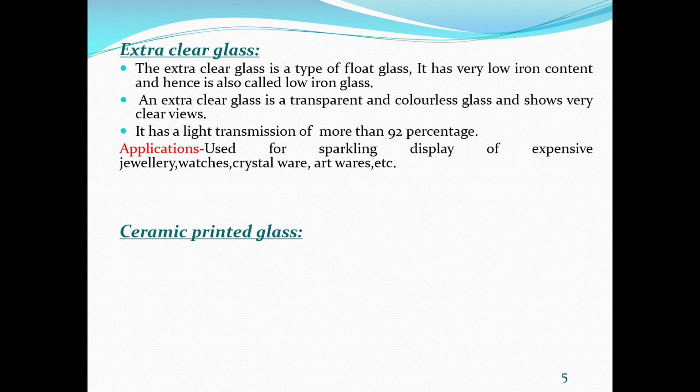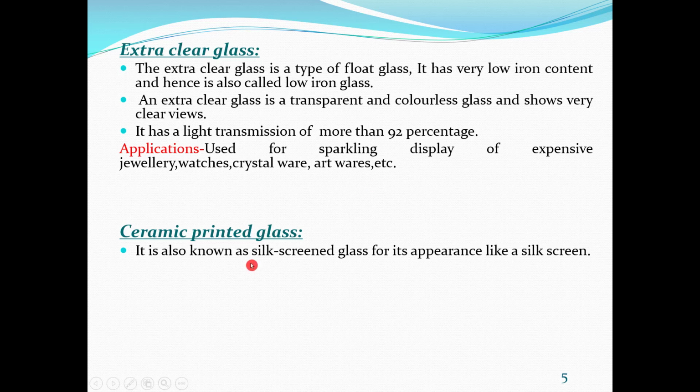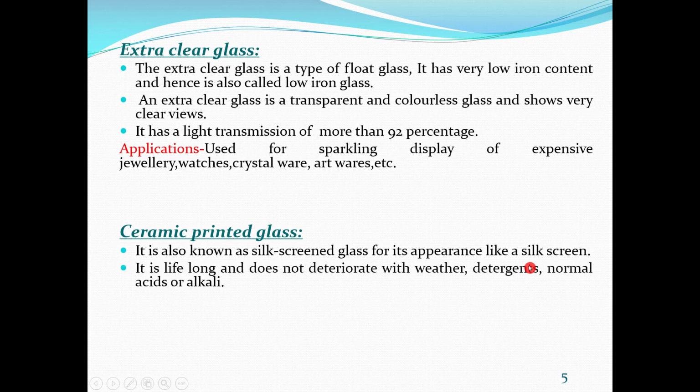Then we have the ceramic printed glass, which is more or less similar to the tinted glass, but tinted glass relies on color coating. Here we want to reduce the visibility, so we go for ceramic printed glass. It is also known as silk screen glass for its appearance like a silk screen.